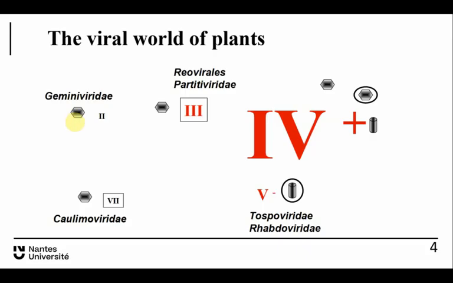So no double-stranded DNA viruses in plants, and limited diversity in the families of the other Baltimore classes, except for the plus-stranded RNA viruses, which are very diverse. However, the things we do find associated with plant viral infections are a lot of satellites.